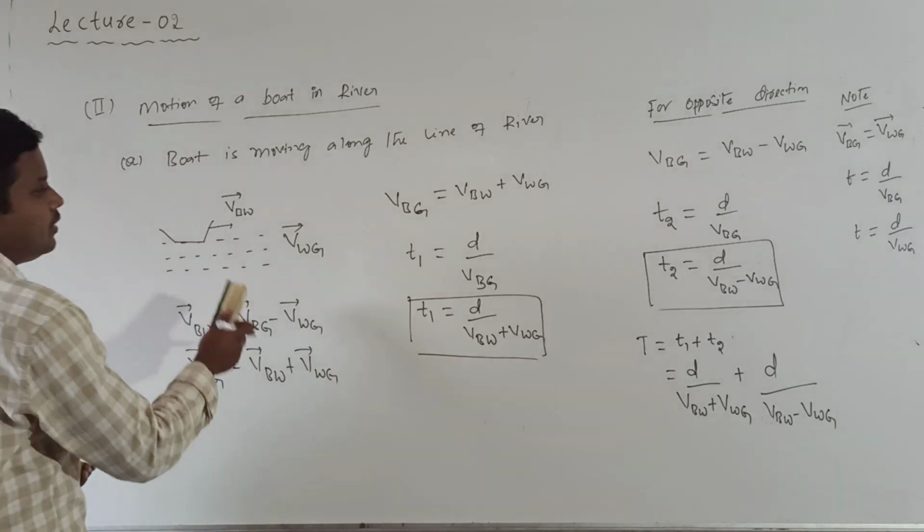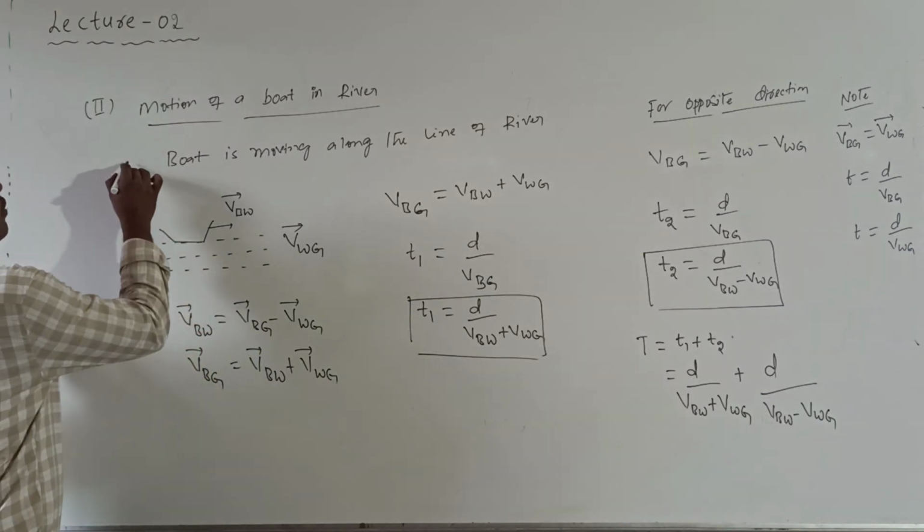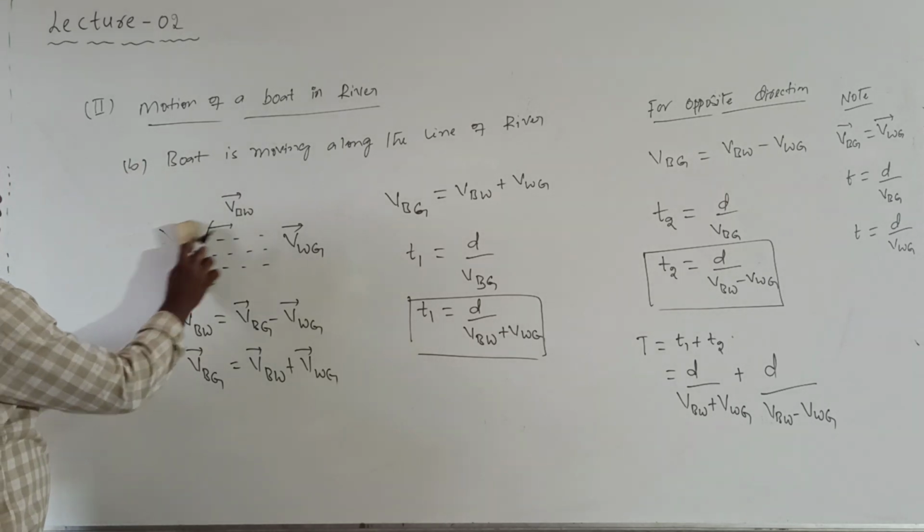So this is the case for calculation of velocity and time. Now the second case we discuss. Second case, if the boat is going across the river.